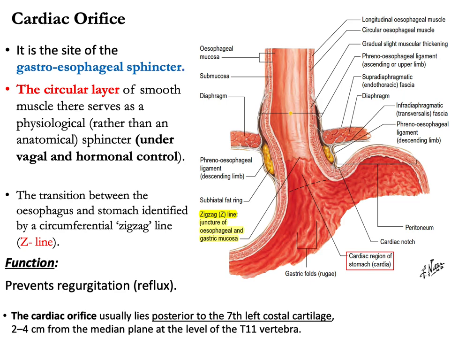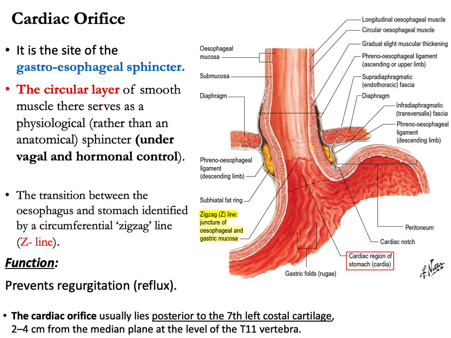So this is the abdominal esophagus, and this is the mucous membrane of the abdominal esophagus, and this is the mucous membrane of the stomach. Indeed, you cannot tell exactly where the area between the stomach and the esophagus is, because sometimes the gastric mucosa can go up or a little bit below, so it's variable.